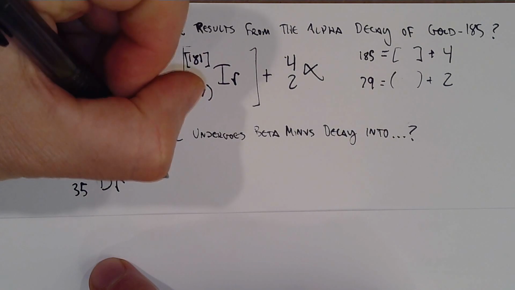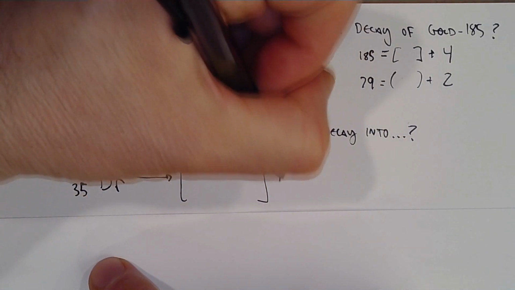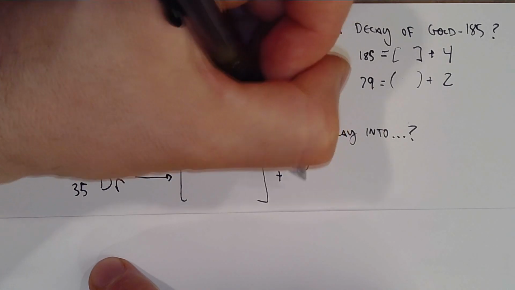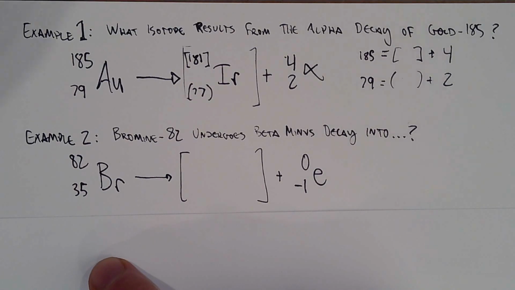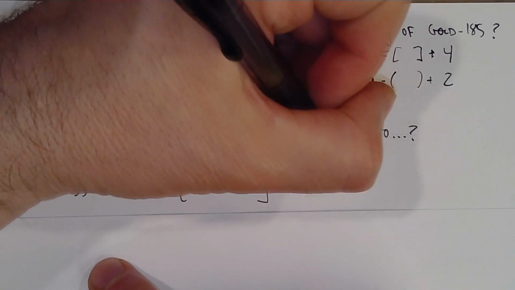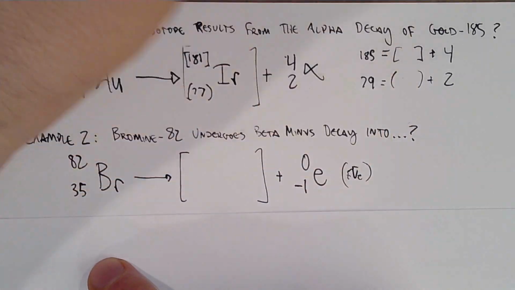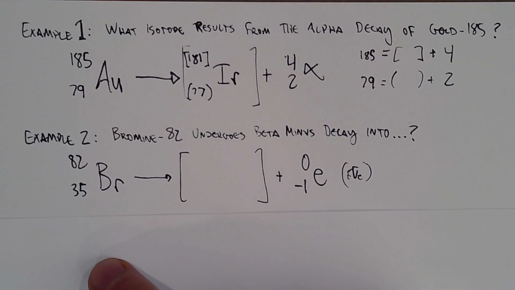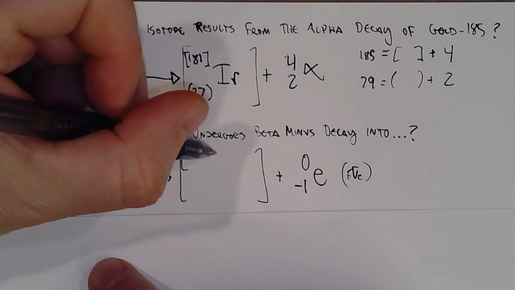Now it undergoes beta minus decay, so we have again an unknown value, and beta minus decay is a 0 at the top, -1 at the bottom, the electron there. Now again, technically you can write the little antineutrino here if you want to, for consistency's sake. For our concerns, we don't really need to worry about it. All right, so what do we know?